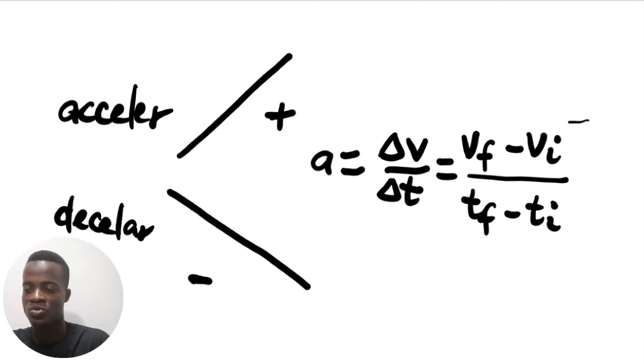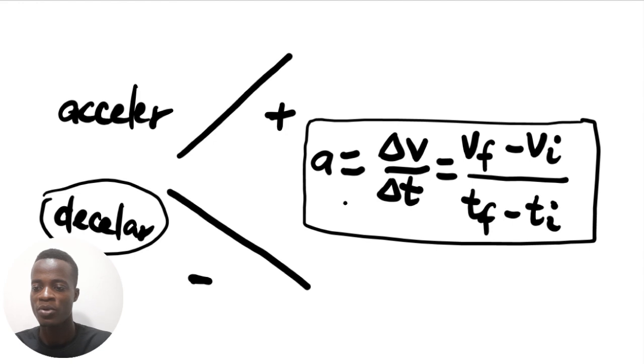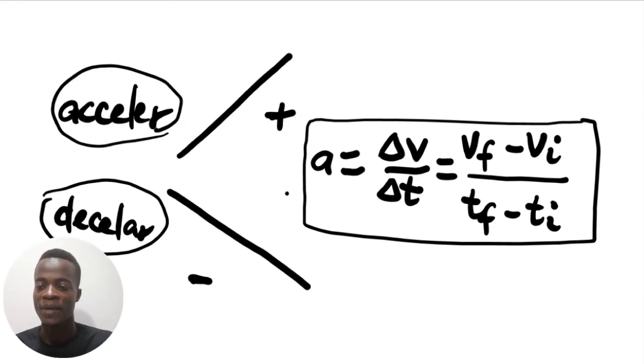Always the final minus initial, for the top of velocities and for the bottom of times. When you evaluate it and you have a negative value, that should be a deceleration. When you have a positive value, that should be an acceleration. But from the graph, you can easily tell: acceleration when it's going up, and deceleration when it's going down.